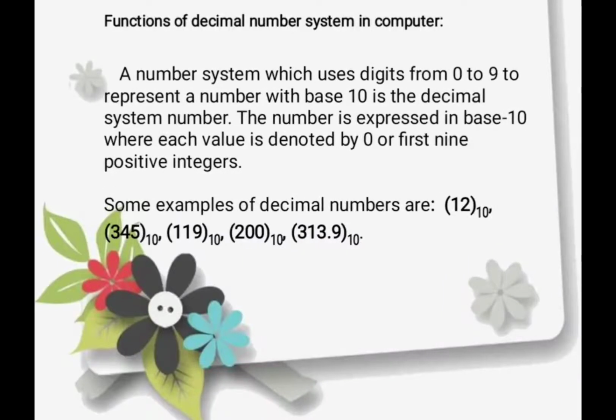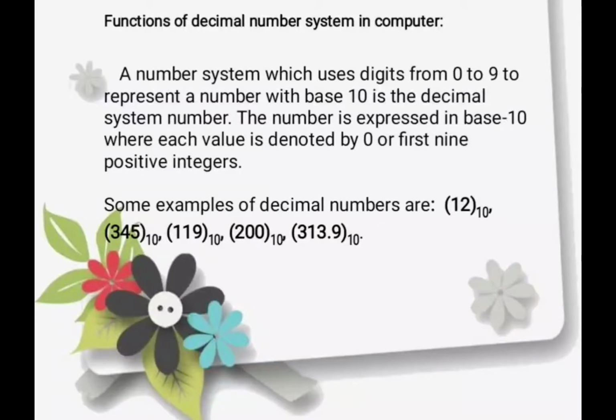A number system which uses digits from 0 to 9 to represent a number with a base 10 is the decimal number system. The number is expressed in base 10, where each value is denoted by 0 to 9 positive integers.